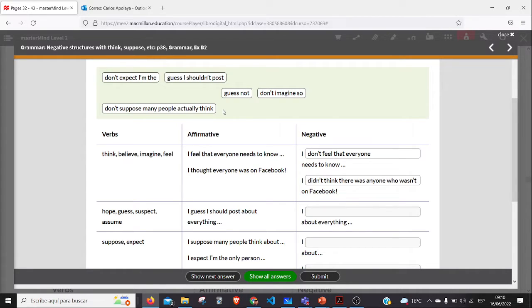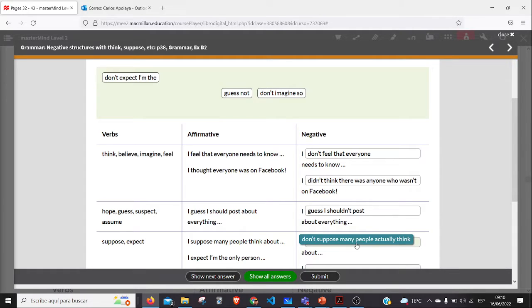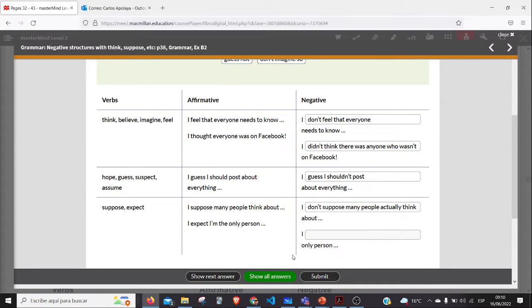Yep. I suppose many people think about. I don't suppose many people actually think. And the last one, I expect I'm the only person. I don't expect I'm the.